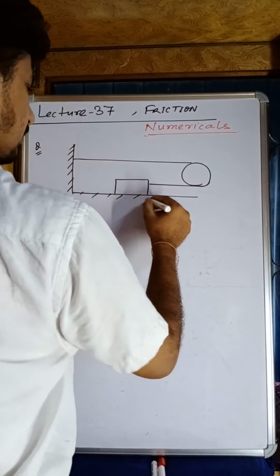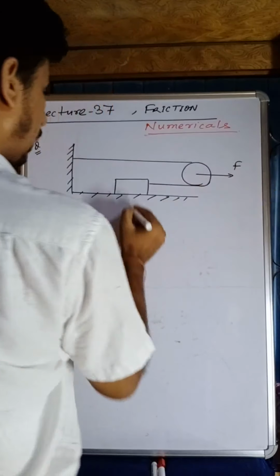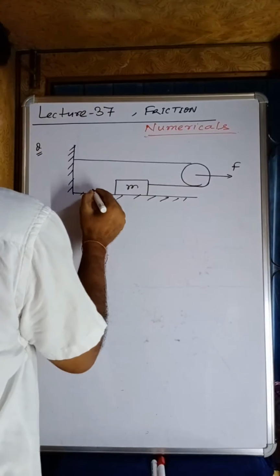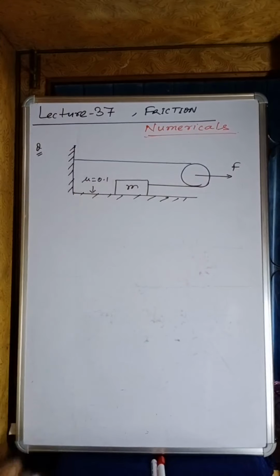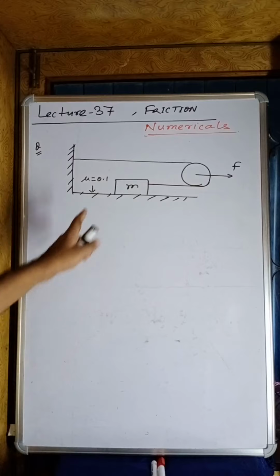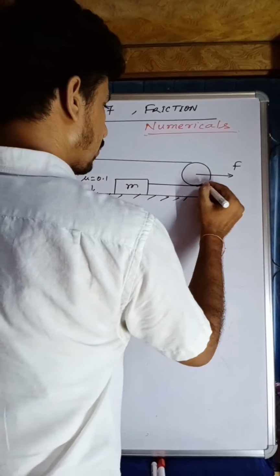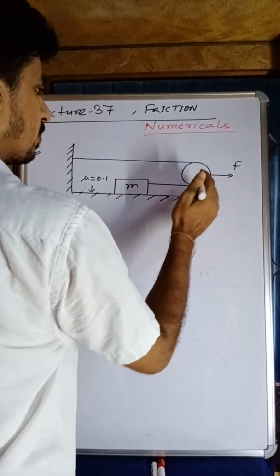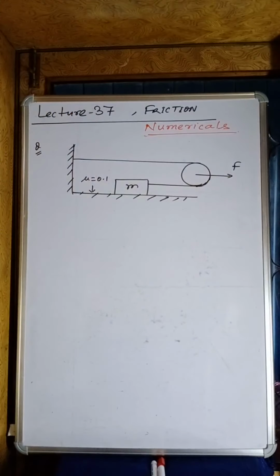The surfaces are rough and the pulley is acted on by a force. The surface has mu 0.1, and the body has a coefficient of friction 0.1. This pulley is massless.